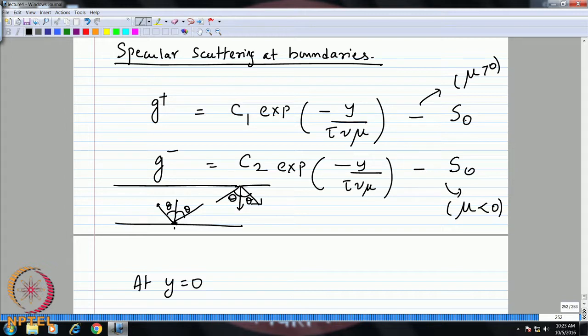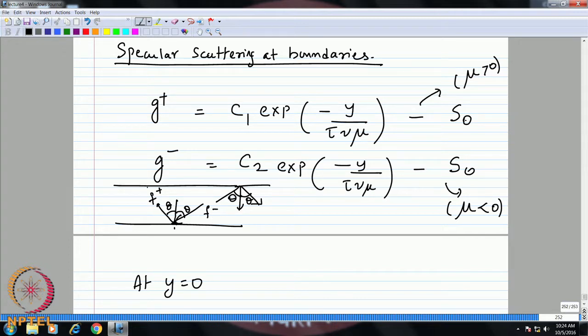At y equal to 0, if you call this f plus, that is the distribution which is scattered going in the positive mu. This is coming into the boundary, f minus, with a negative direction cosine, and that gets scattered and comes out in the positive direction.